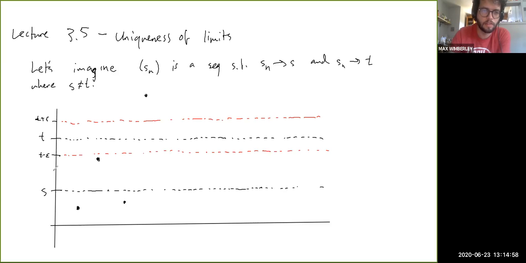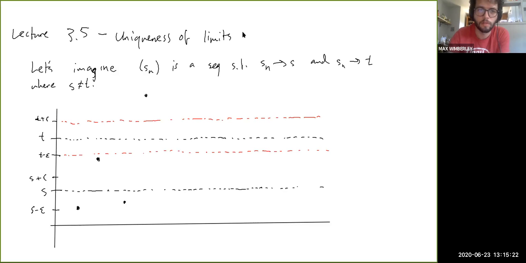And then let's say we have another band of the same width. Oops. Around S. Okay. So here we have S minus epsilon, S plus epsilon, and then we'll have another band.